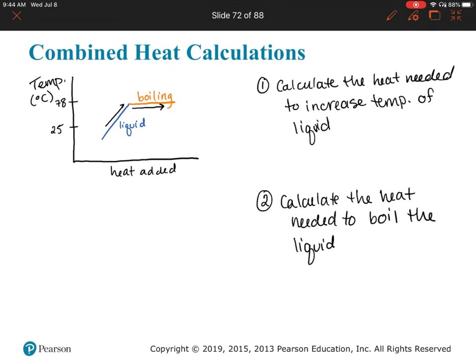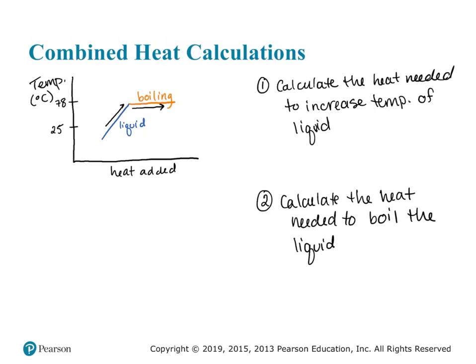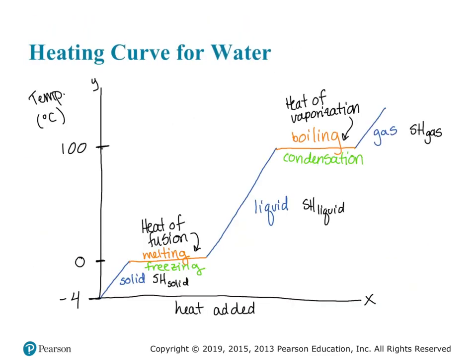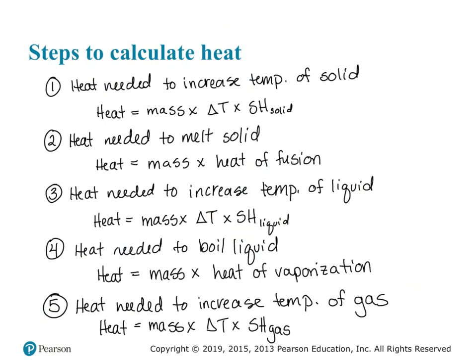All right, so let's go back to those equations that we wrote down earlier. I'm just going to go back. Oh, there it is. Okay, so we're increasing the temperature of our liquid. So in our series of calculations here, that's number 3.